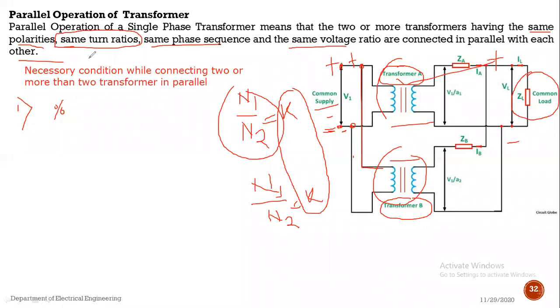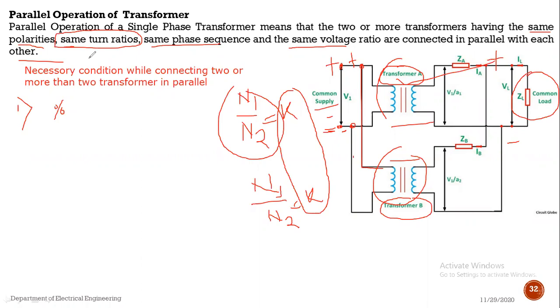Yes, sir. Okay, so these are the necessary conditions while connecting two transformers in parallel. If these conditions are satisfied, then and only then are we able to connect two transformers in parallel, or operate the two transformers in parallel.